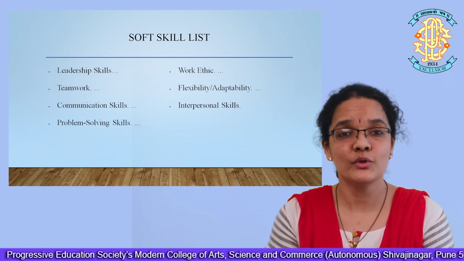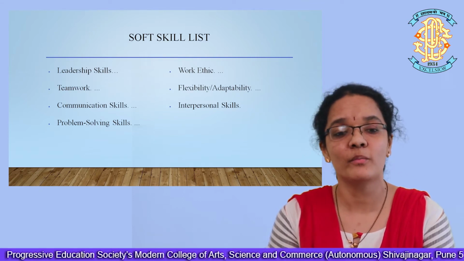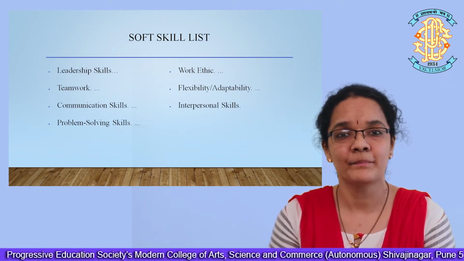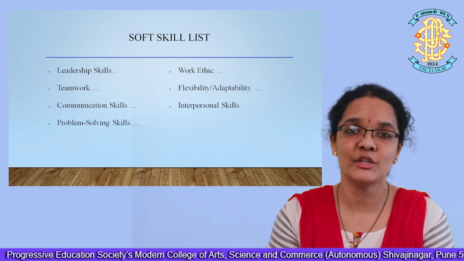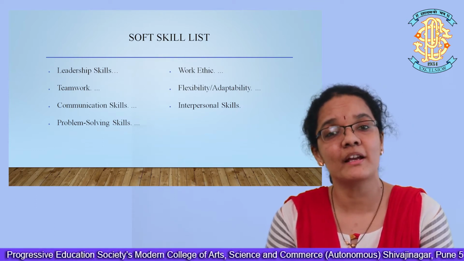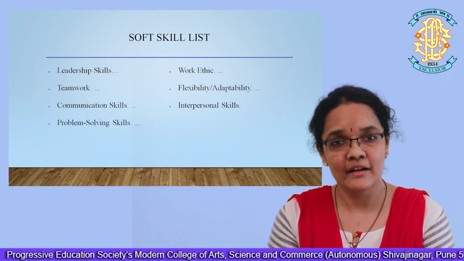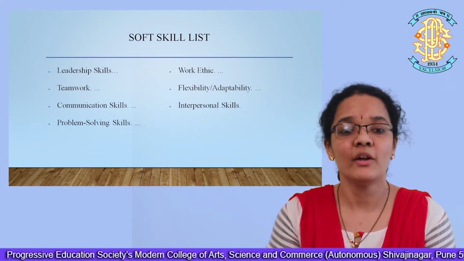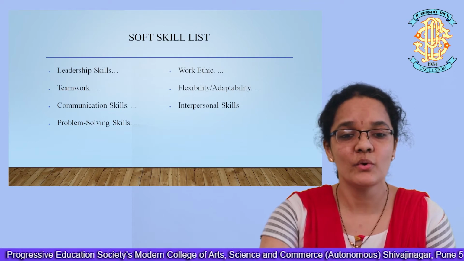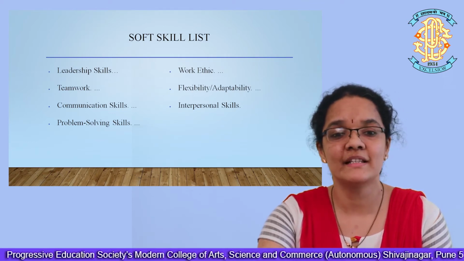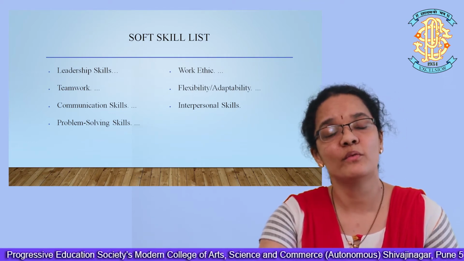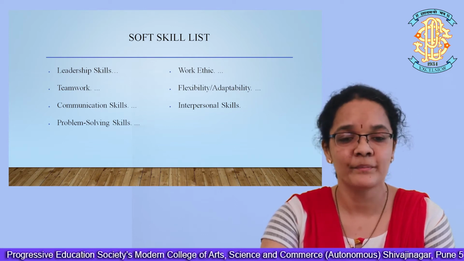A person should also have problem solving abilities. Leading to this, he will gradually have leadership skills, and organization. So these are some of the skills that graduate recruiters want from any student.